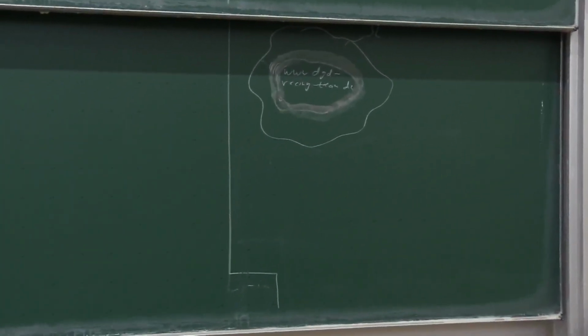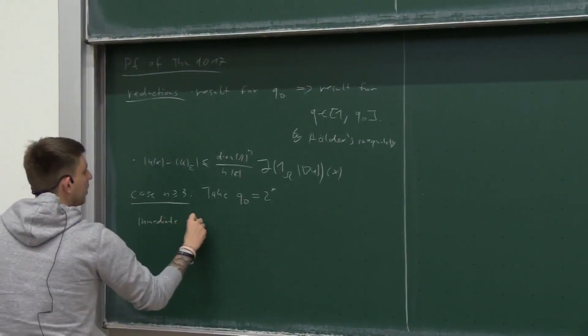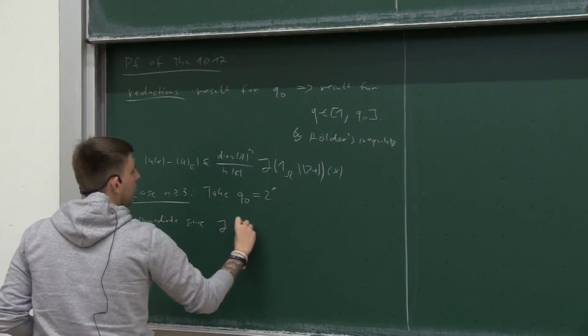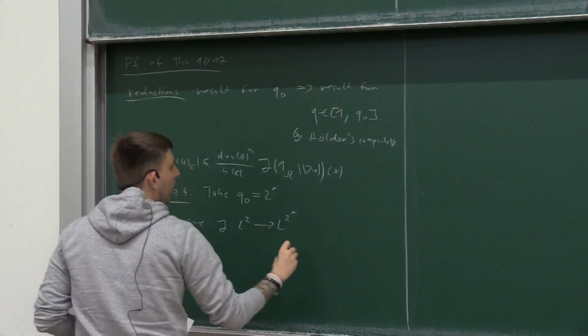Okay, so this is immediate, since J is L2 to L2 upper star bounded.